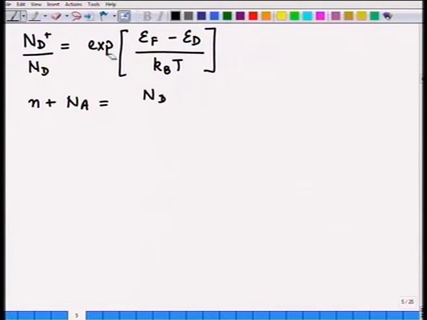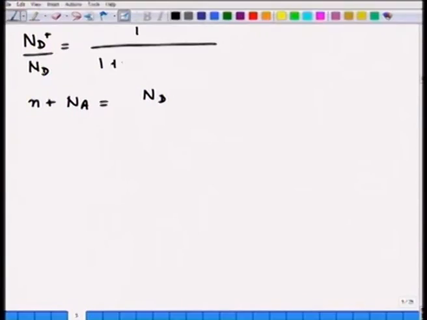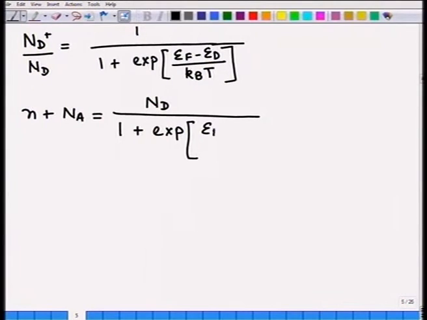So first let me correct this, that is not the expression as we know it. That should be equal to 1 divided by 1 plus e to the power of that factor which I had written out, Ef minus Ed by kBT. So I am going to substitute this now in there. That is why it is Nd divided by 1 plus e to the power Ef minus Ed divided by kBT.